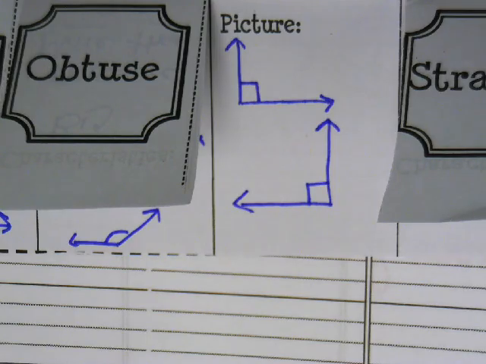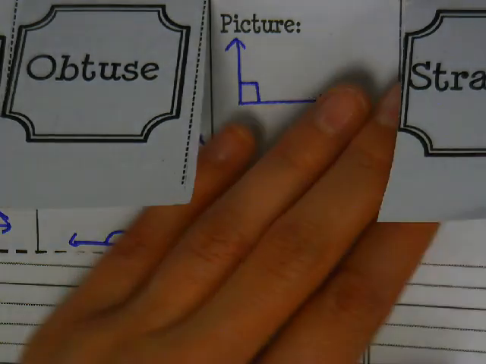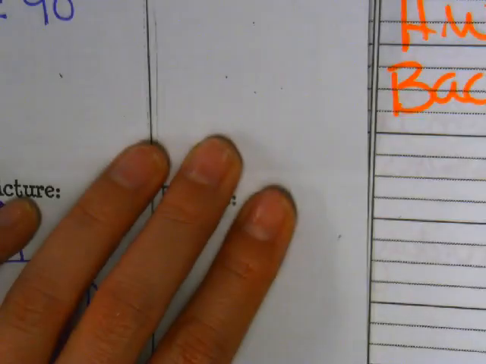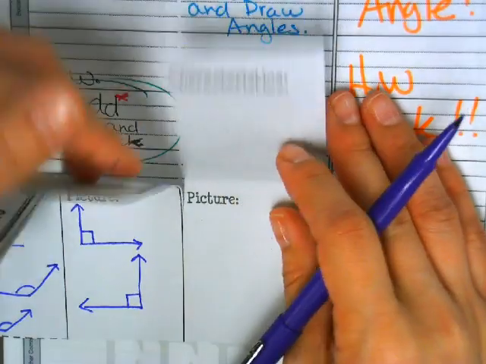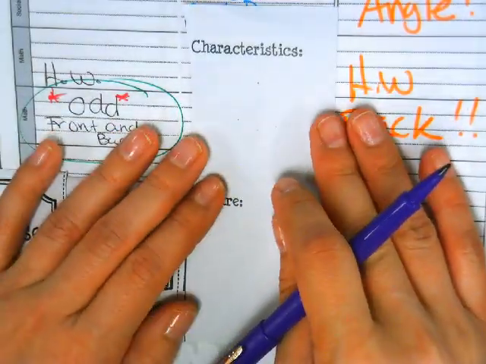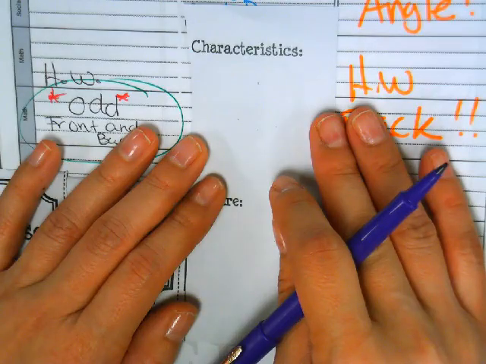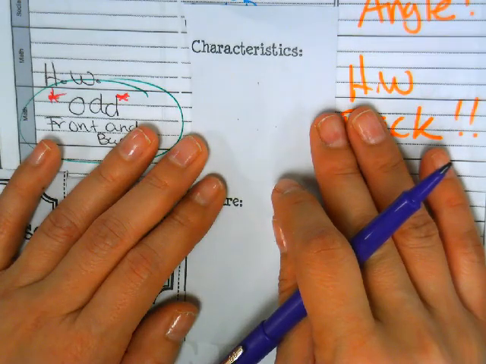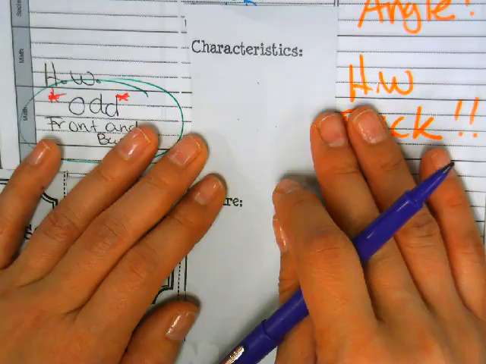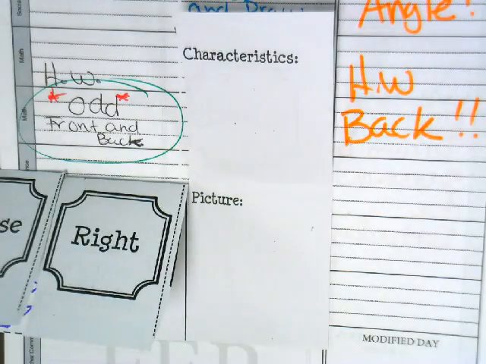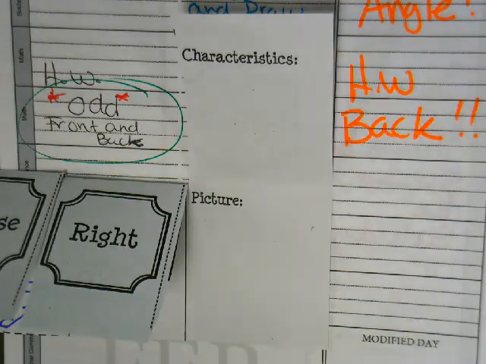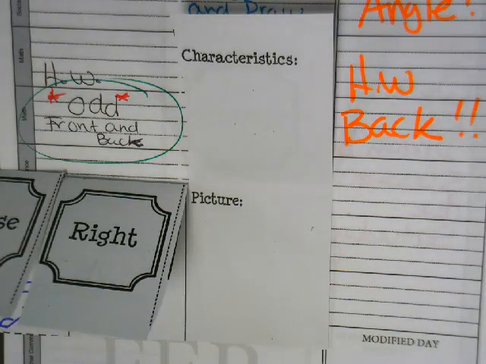All right. Straight. Does anybody know what a straight angle is? A straight line. What does it measure? How many degrees do you think? 0 would be no line, nothing. 180.